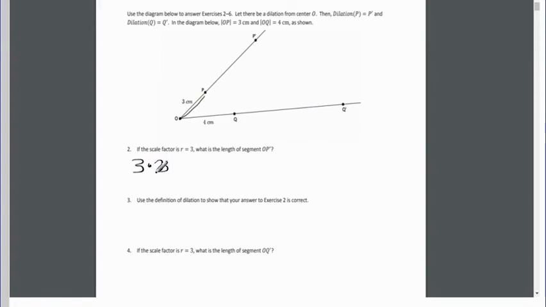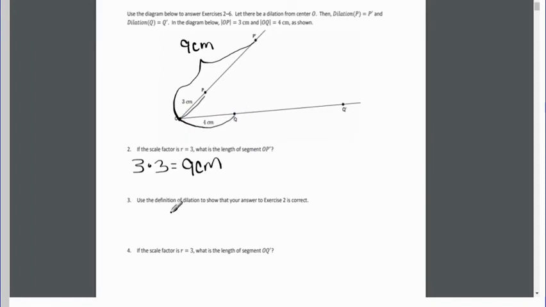So it's already 3 centimeters. I want to take it times 3, which would be how many? 3 times 3 is 9 centimeters. So on this little thing, from here to here would be 9 centimeters. From O to P prime would be 9 centimeters because you took it times your scale factor.